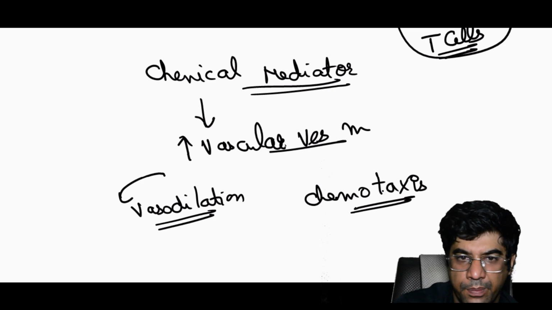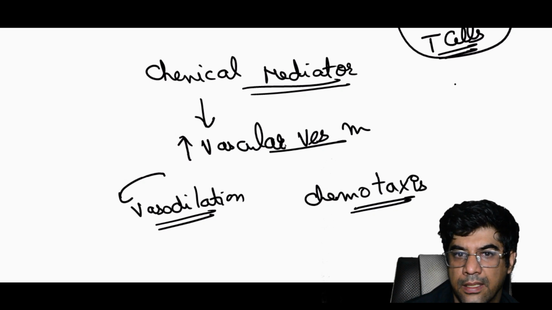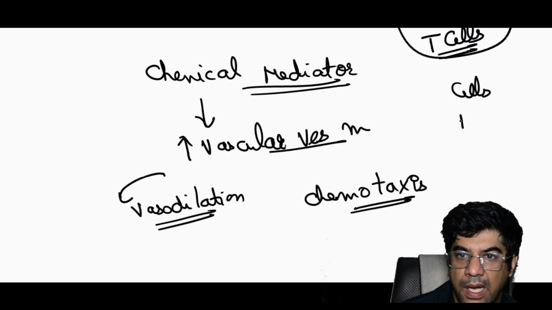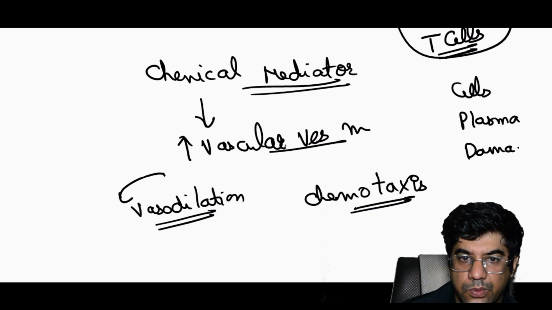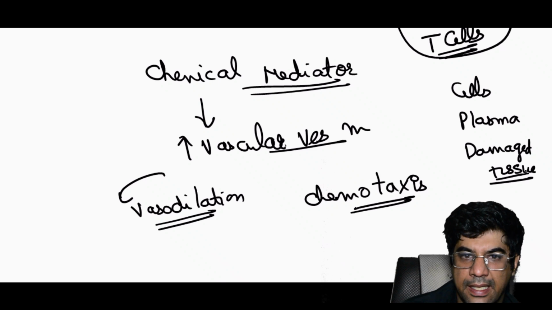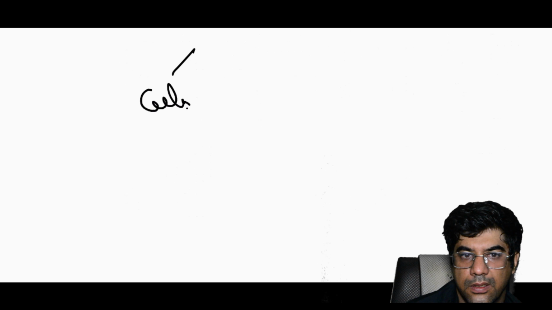So what could be the source of these chemical mediators? These mediators can be released from different sources like the cells, plasma, or the damaged tissue. So they are broadly classified into two groups: mediators that are released by the cells and those that have an origin from the plasma.